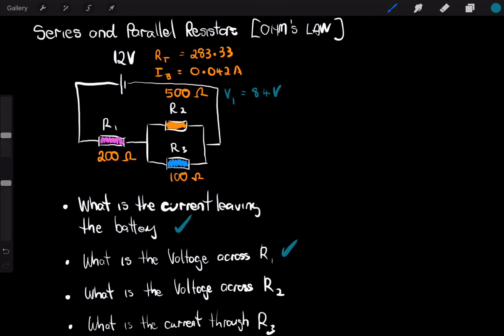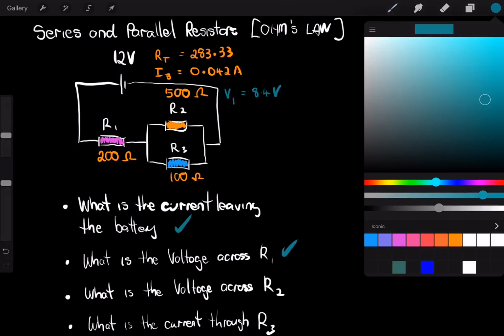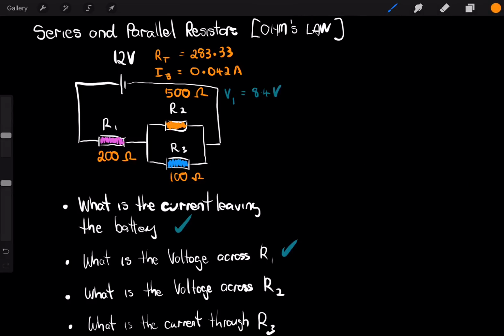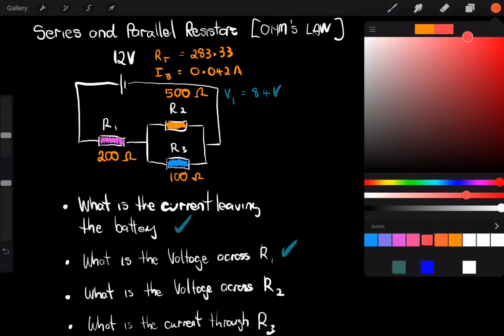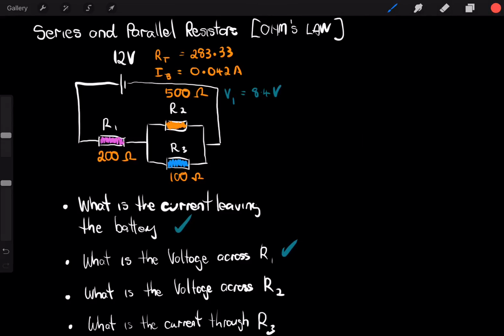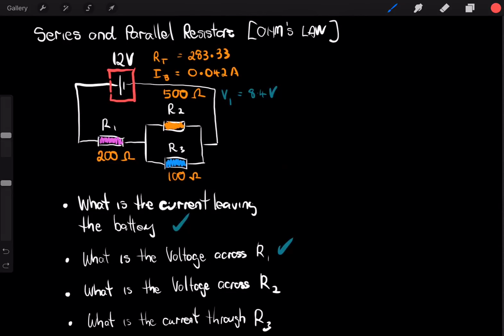All right, if you remember back to Kirchhoff's laws about voltages, the net voltage around a circuit must equal 0. Or put another way, if this 12 volts is the voltage lift, then we must have a total of 12 volts in voltage drop in any given loop around the circuit.